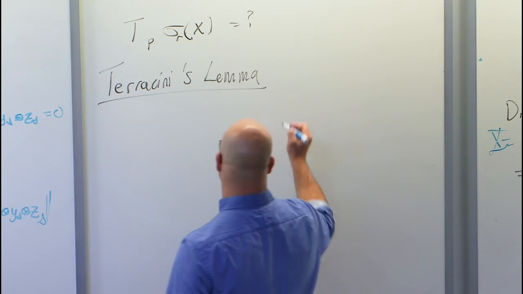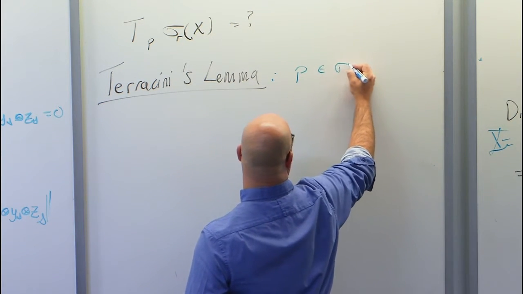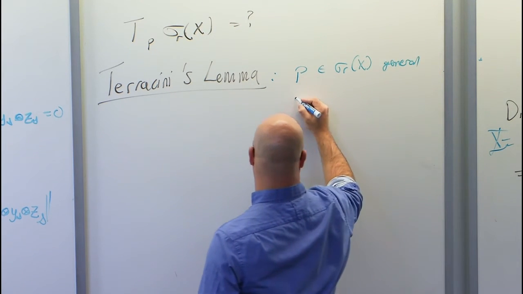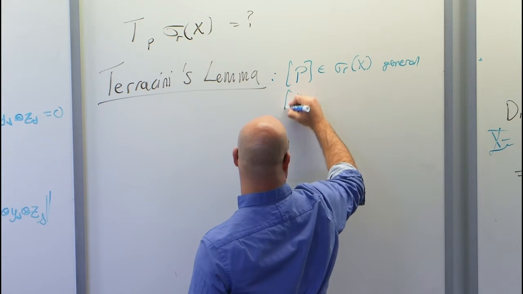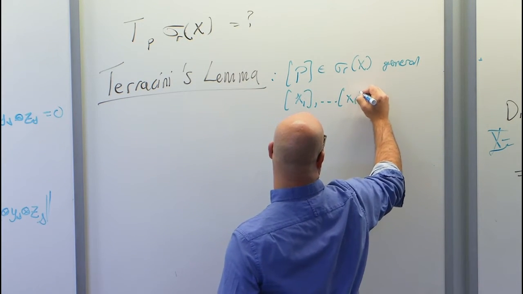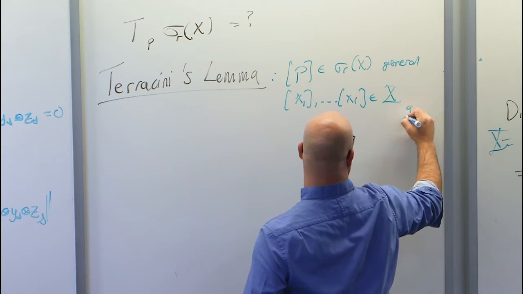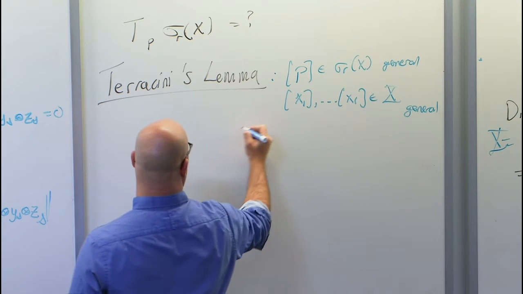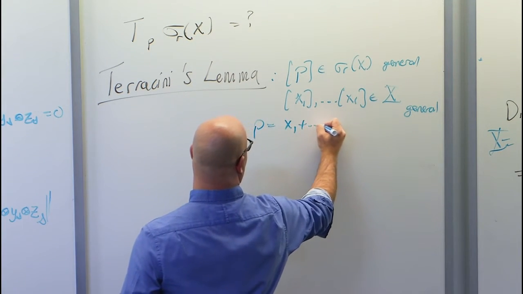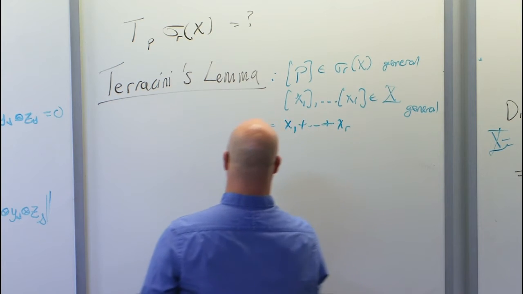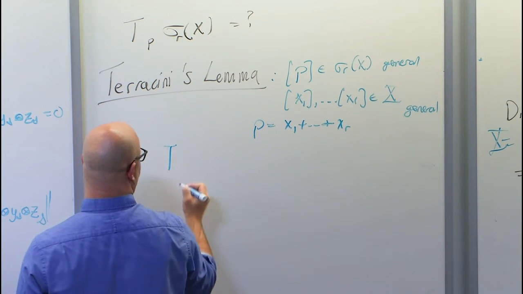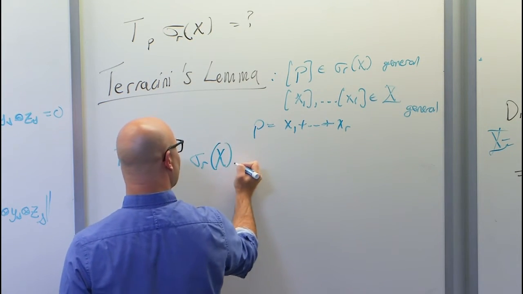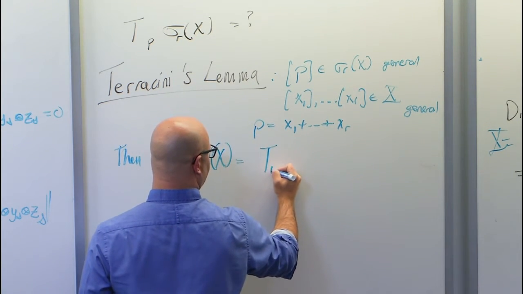So Terracini's lemma says the following: if p in sigma r of x is general, and x1 to xr in x are also general, then p is the sum, and the tangent space of the secant variety at my point p is just the sum of the tangent spaces.